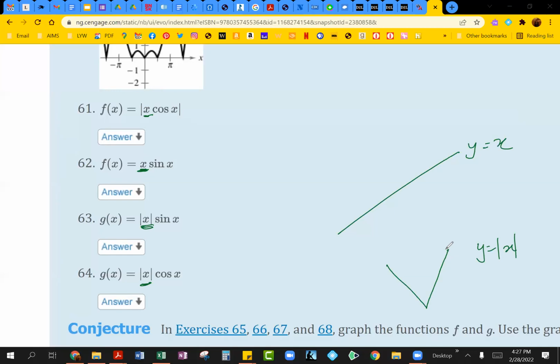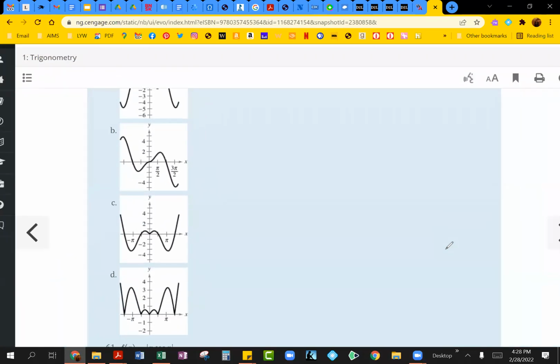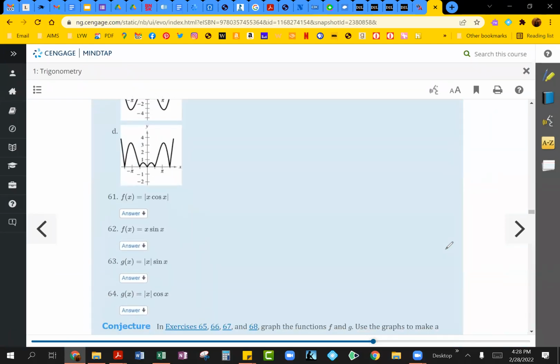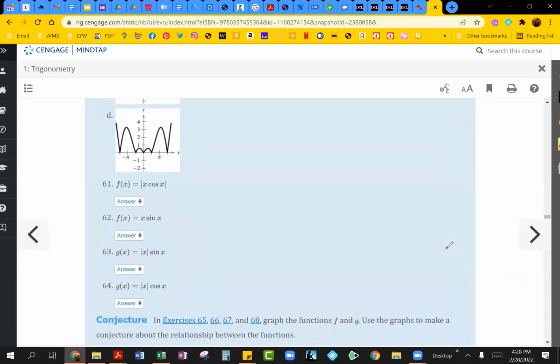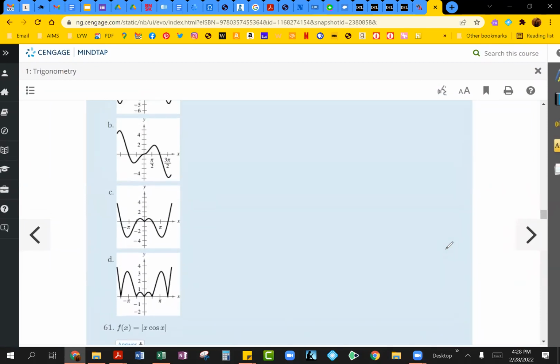So based on that, just to get us started, let's see if I can try and get this on the same screen. Okay, doesn't look like that'll happen. Okay, so we have absolute value of x cosine of x.